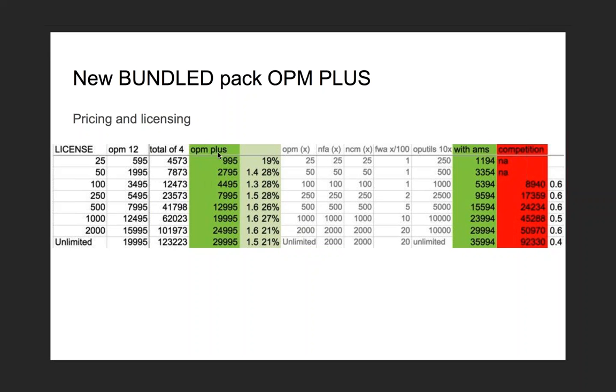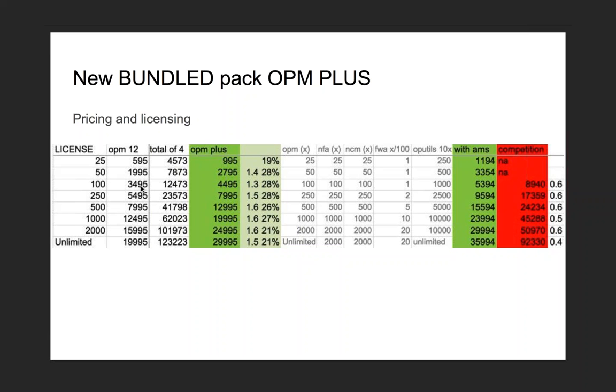In OpManager 12, we are going to provide that for $4,495, which is 28% of the total price. This is based on the calculation that the OPM Plus price will be 1.3 times the price of OpManager 12.